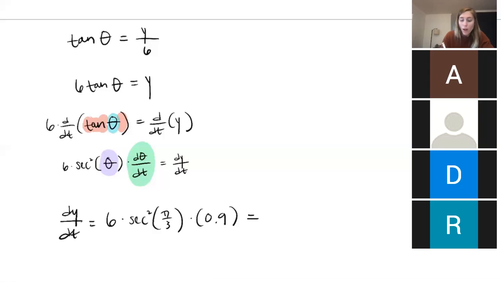Okay, so no matter what, you can't type secant into your calculator. There's no secant button. But if you remember, secant is the reciprocal of cosine. So we could rewrite the secant squared of pi over 3 as 1 over cosine squared of pi over 3.